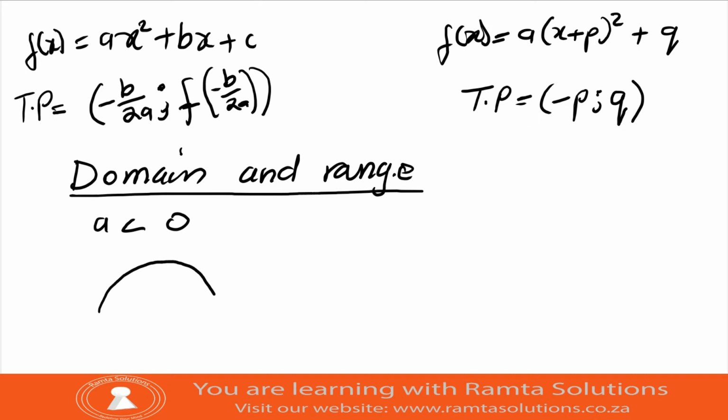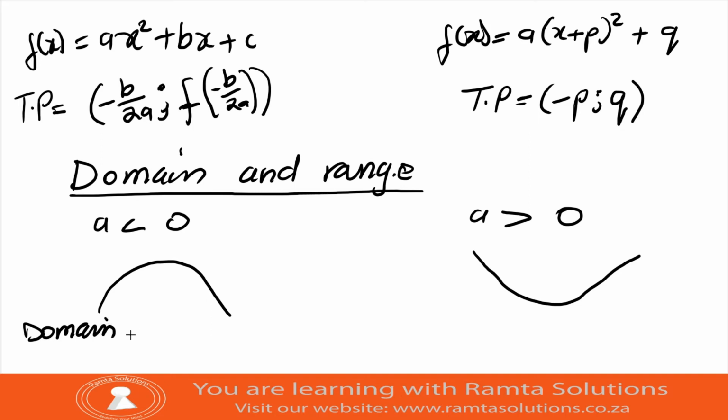When a is greater than 0, your graph looks like this. So here, this is the domain. Domain is always x is an element of real numbers. It will always be like that. For a parabola, any x value you can think of will always return a corresponding y value.